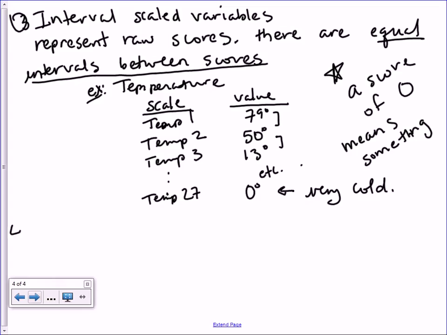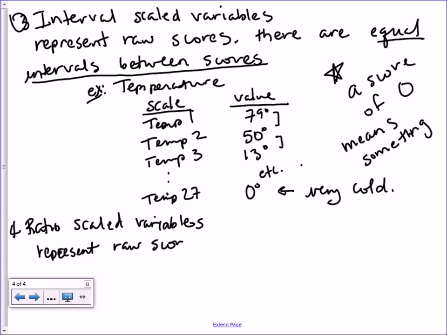Versus the fourth type of variable that we could have, and that fourth type of variable is what we call a ratio scaled variable. And those ratio scaled variables, just like intervals, they represent raw scores. They have equal intervals between the scores.